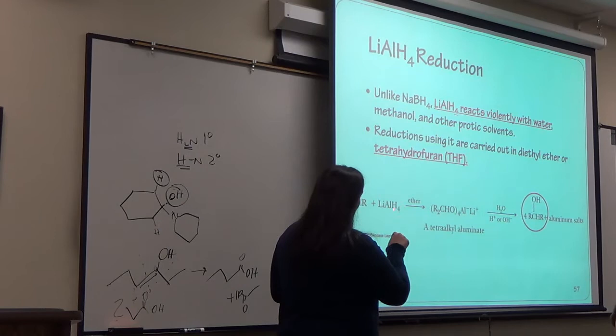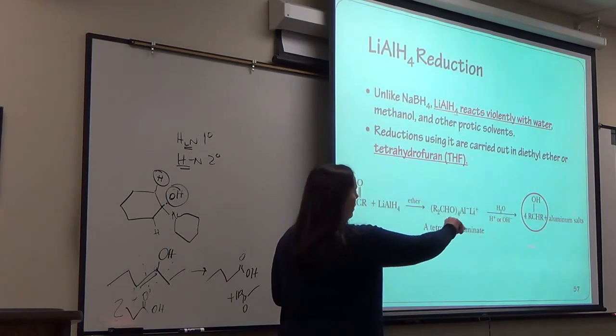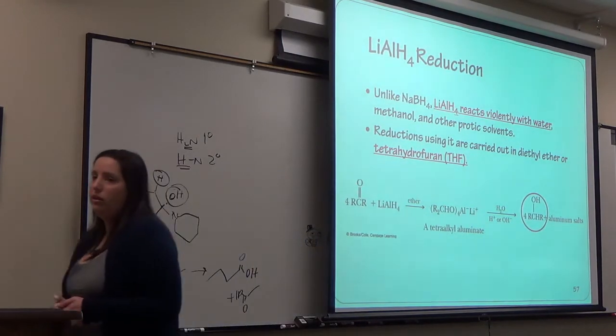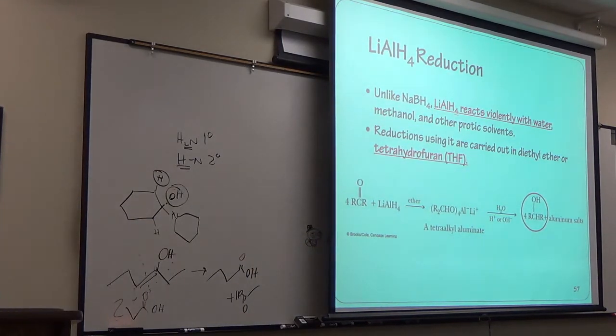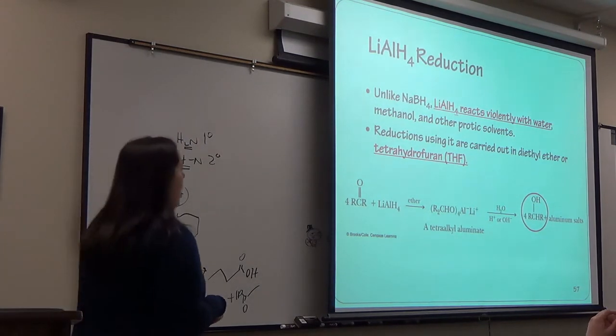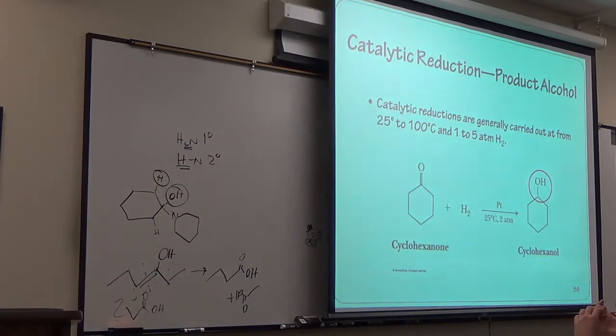You take 4 hydrogens, so you can reduce 4 of your aldehydes and ketones, and you make the alcohol as the product. And THF is another good solvent for this. Tetrahydrofuran, remember that's the 5-membered ring with the oxygen. So that's also aprotic, so it works well in this reaction.